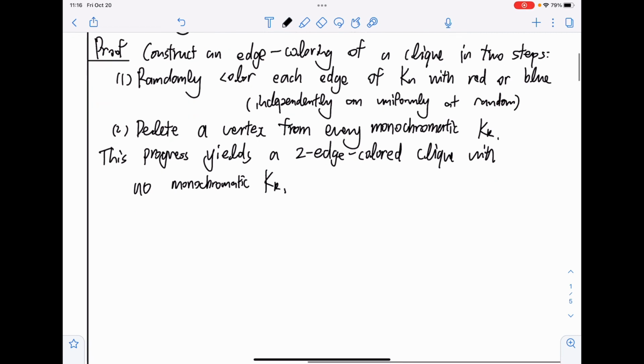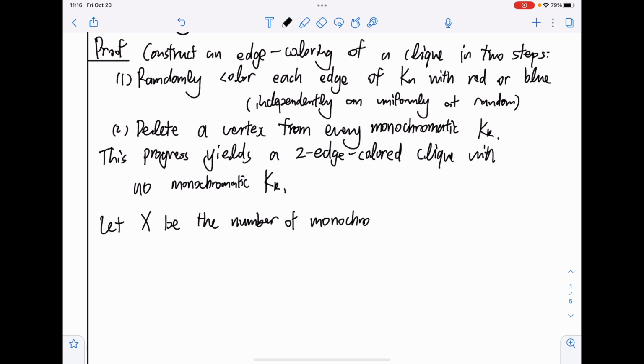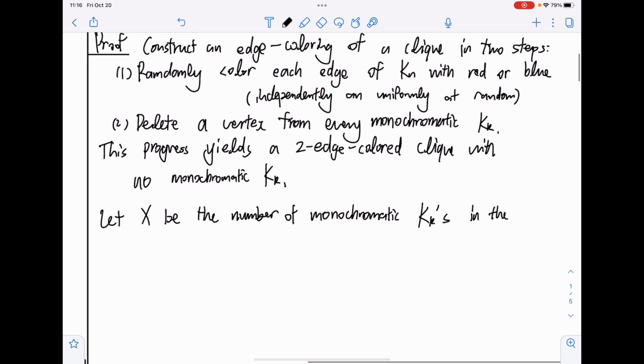And now let's analyze how many vertices are there in the end. We will let X be the number of monochromatic K_k's in the first step.